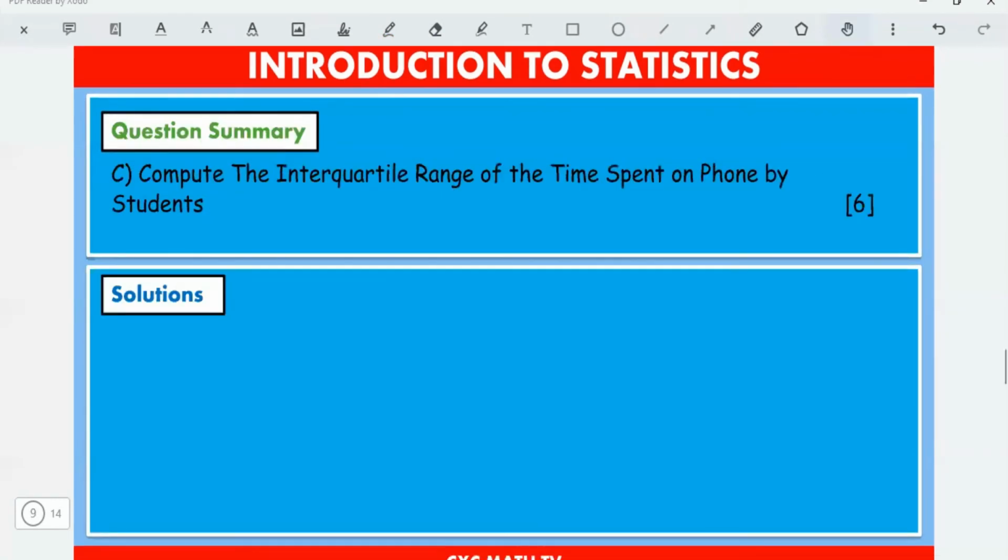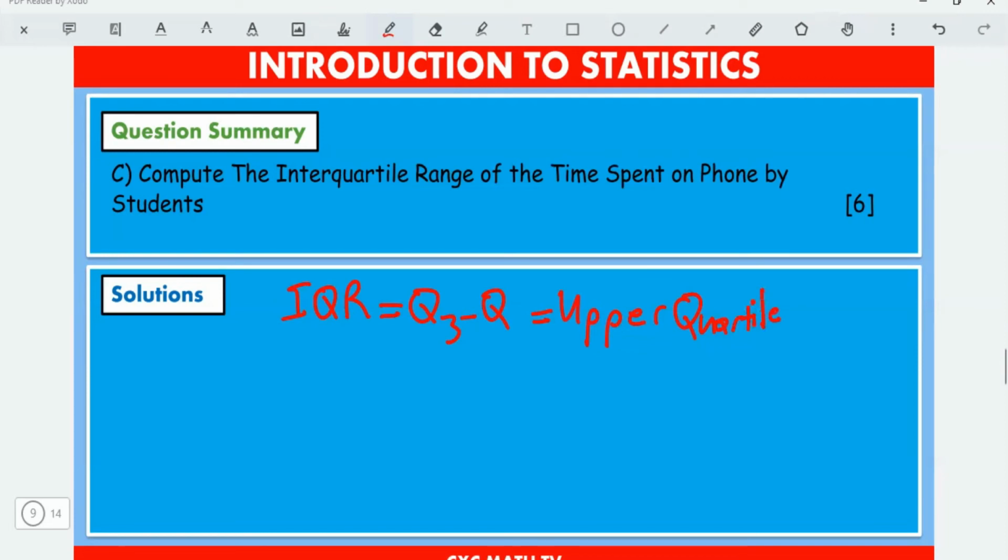All right. Now the next part says compute the interquartile range of the time spent on phone by students. Now remember, how do we find interquartile range? Interquartile range is equal to Q3 minus Q1. In other words, the upper quartile minus the lower quartile.